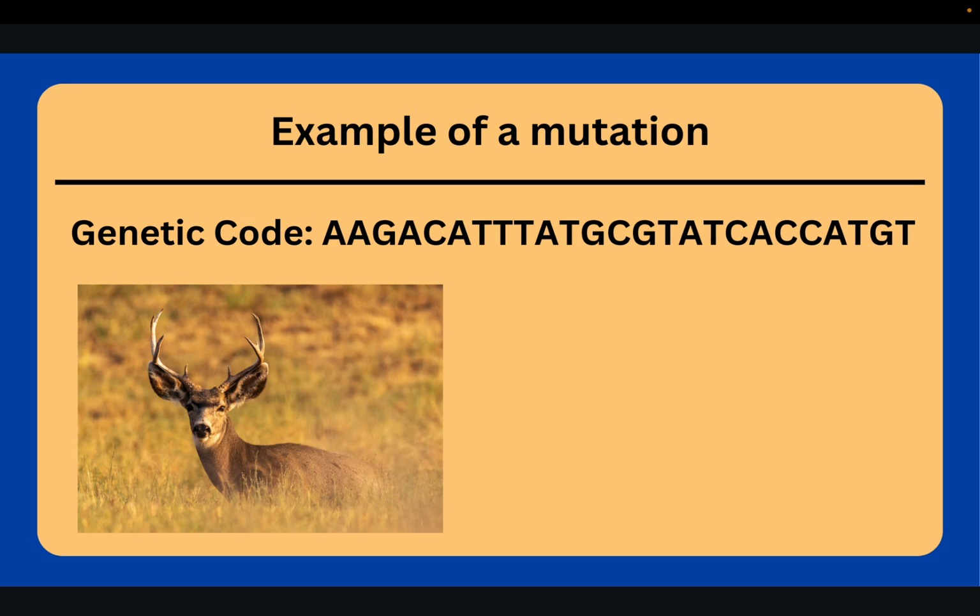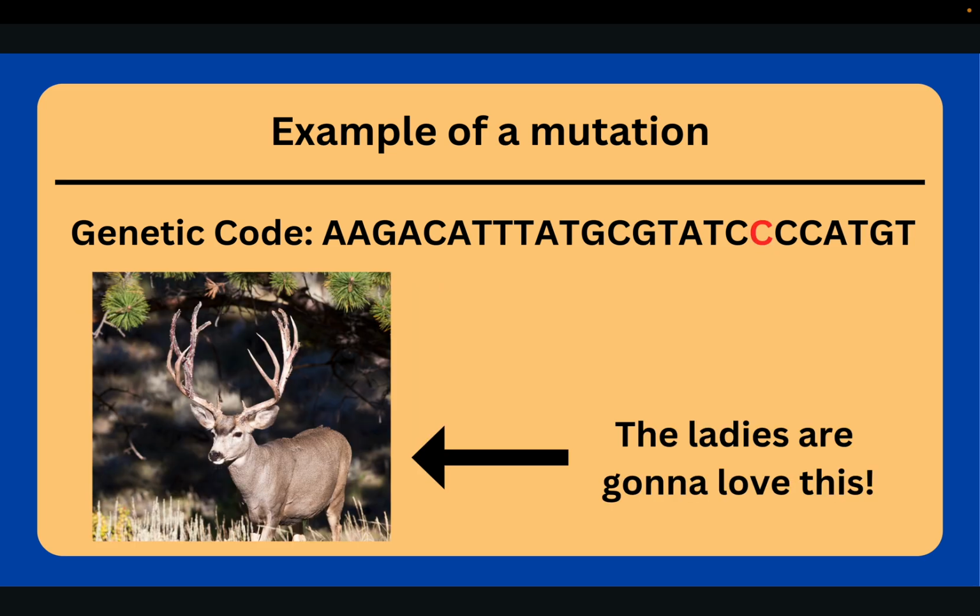All right, here's the same buck, but this time he's born with a different mutation that causes him to look like this. Look how big those antlers are. Instead of having regular average-sized antlers, now he is the king of the forest. He's Bambi's dad. And this deer is going to have wild reproductive success because he's going to be able to spar off, to fight off all the rivals, right?